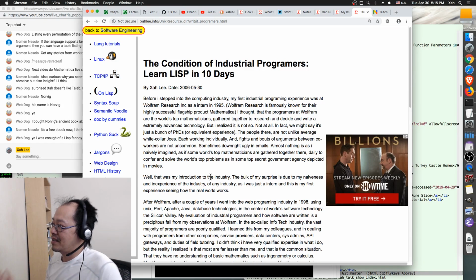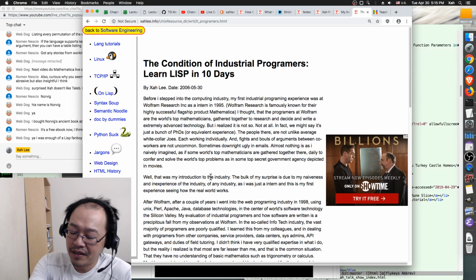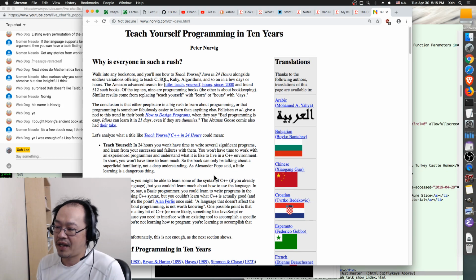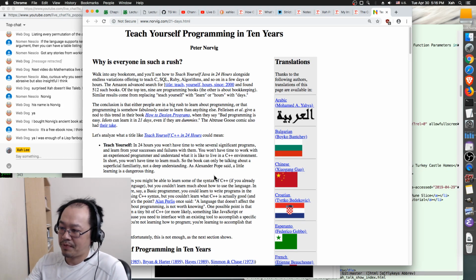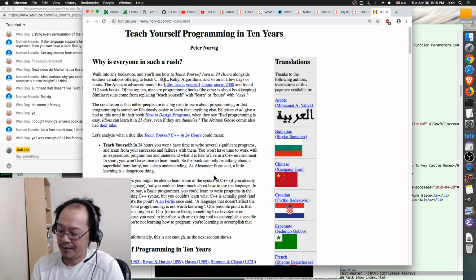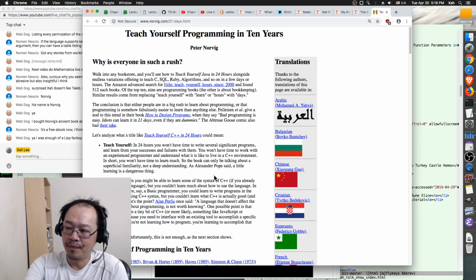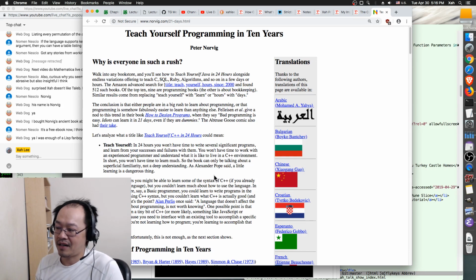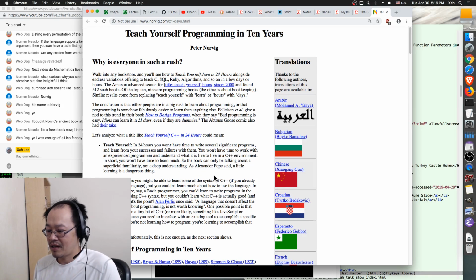What I'm saying is that the Peter Norvig guy, I think he's a good guy, and he's a great expert in Common Lisp, and also a great expert in artificial intelligence of the classic era. But anyway, what's wrong with his essay, with his idea of how programmers should take years to really master a language?